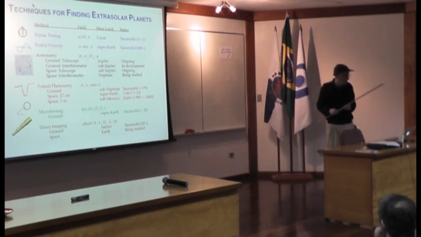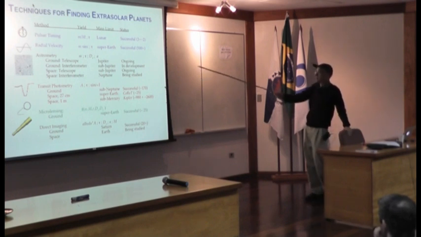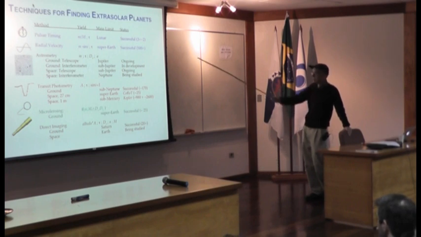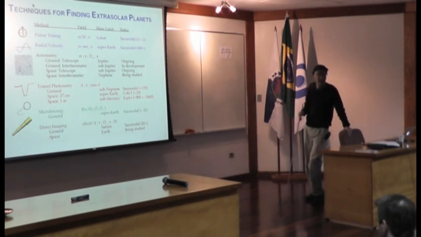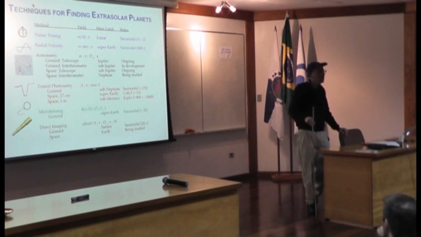Now, astrometry, you can, in principle, find Jupiters from a single telescope on the ground, sub-Jupiters from an interferometer, and smaller planets from space. The first announcement of an exoplanet discovered by astrometry was in 1859.